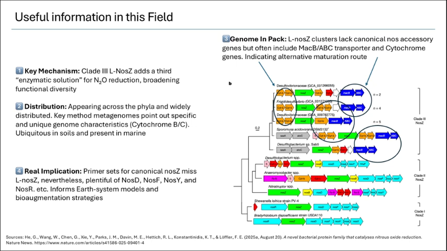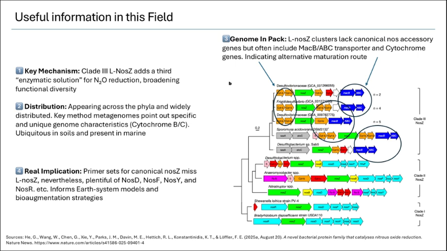So now I'm going to talk about the useful information for the field. Although there are 4 key points on this slide, I shortened them into 3 key items that are immediately actionable. The first one is function. L-NOZ is a third enzymatic solution for nitrous oxide reduction, increasing the functional diversity and likely resilience of the sink under changing conditions.